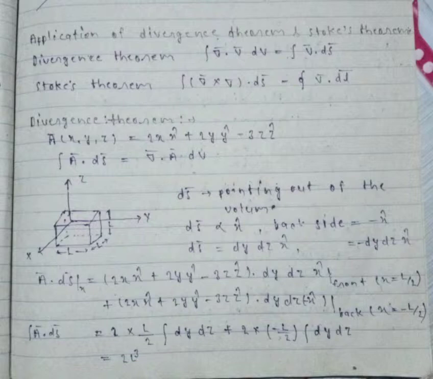So, you can see that at any given point it has all 3 components x, y and z, right. Let us look at a point somewhere here. It has a component in the x and y directions, which are equal, and in the z direction it has a component which is 1.5 times the other components.